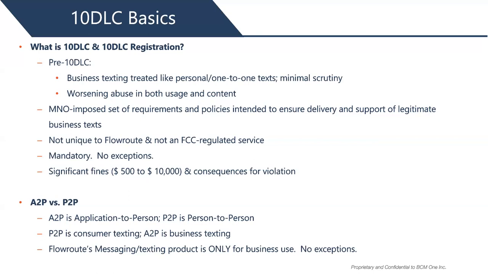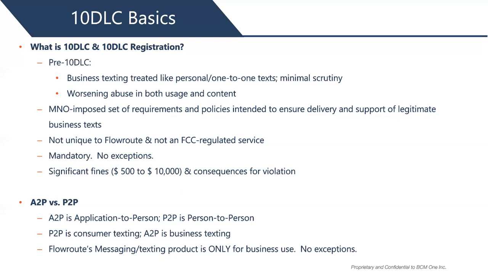Before 10DLC, there was very little scrutiny on the content because texting was not as popular a customer engagement channel, specifically for businesses, at that time. Mobile providers were fine with just leaving one pathway into their ecosystem for both one-on-one text as well as business text.